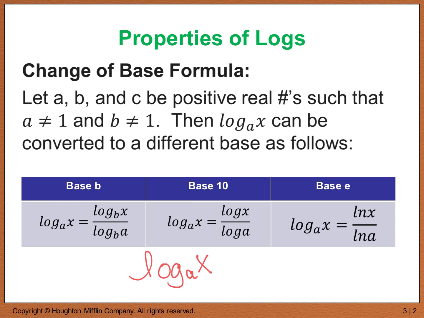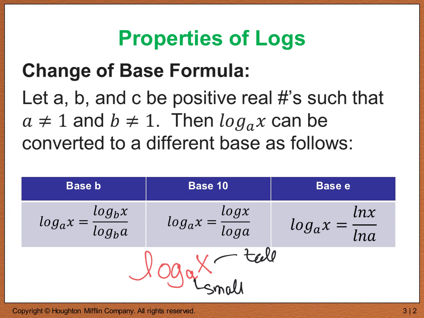So in my head, I think about this as being my tall number and this here as being my small number. For the change of base, you can see that we have three different formulas here, but essentially I think about the change of base as being the log of the tall divided by the log of the small.